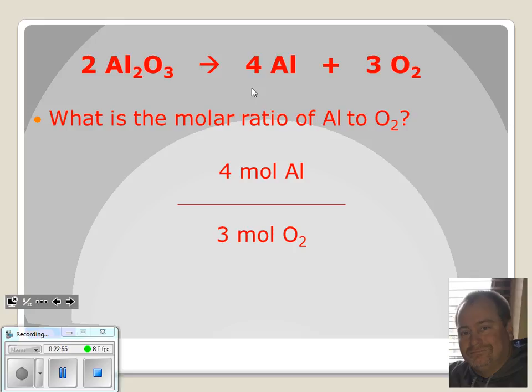So could we put those into masses? Absolutely. That'll be next week. We're going to baby step this, and this is our first baby step, getting the hang of this molar ratio guy.